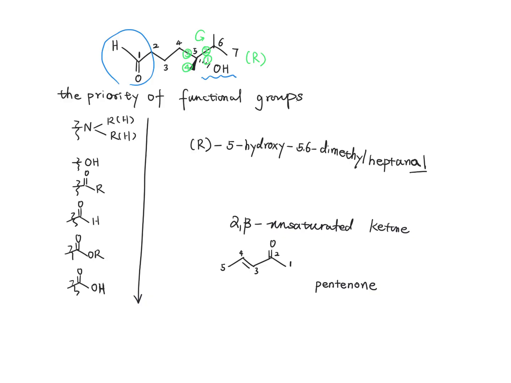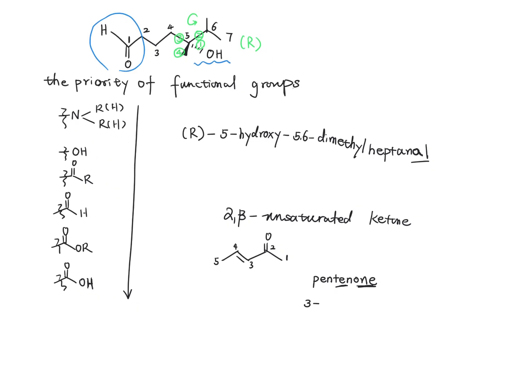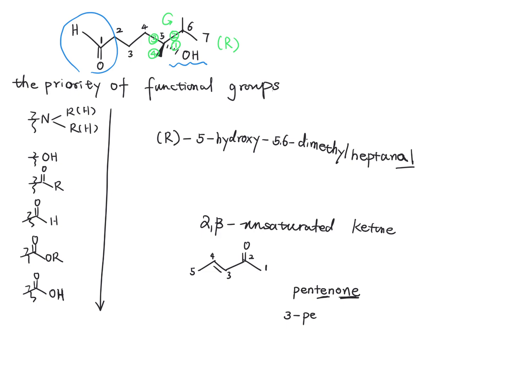Now we are going to insert, okay, this part, pentene, tells you the alkene, and this tells you it is a ketone. So we are going to insert numbers to tell the audience where they are. First of all, we have the ene part at carbon 3, so pentene, and then 2 where the ketone starts, so 2-one.